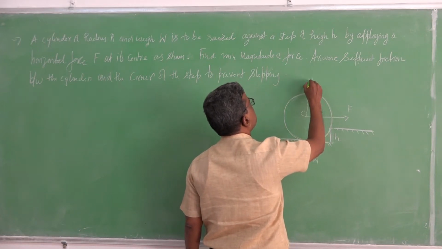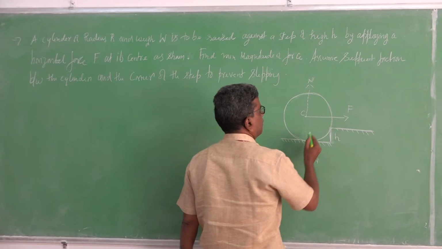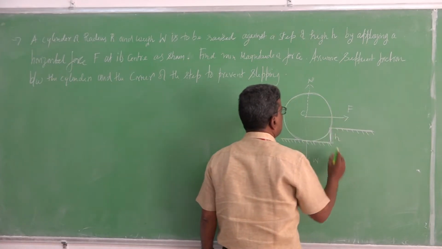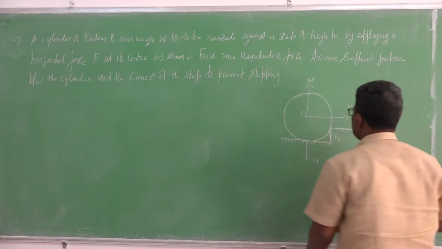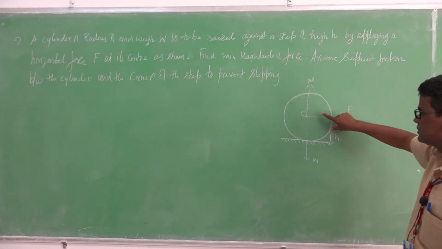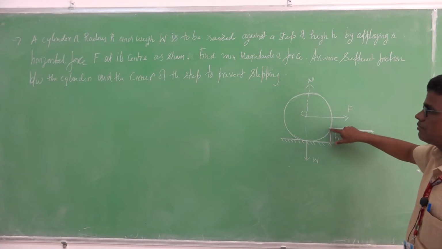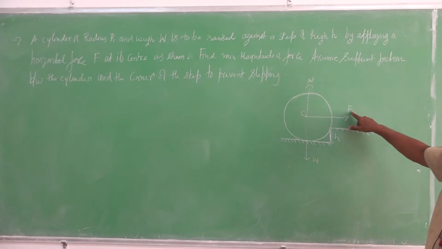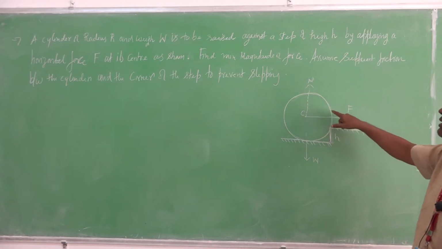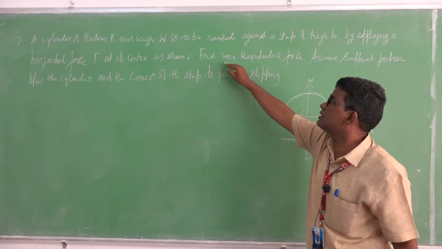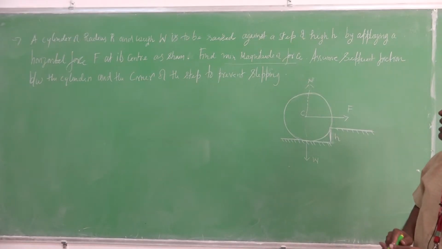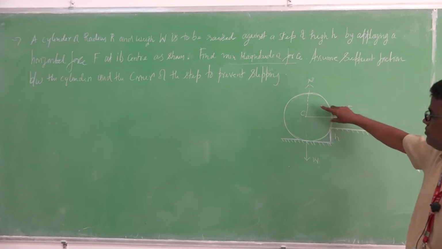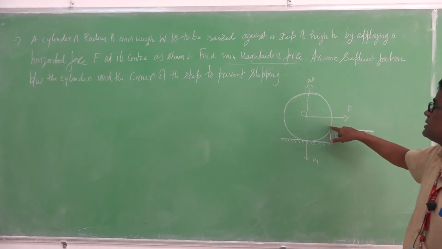This is the horizontal force acting from the center. Find the minimum magnitude of this horizontal force required so that the cylinder is raised against this step.